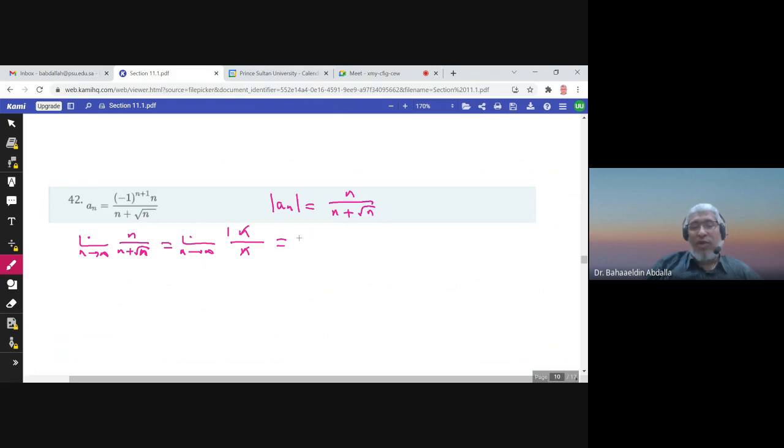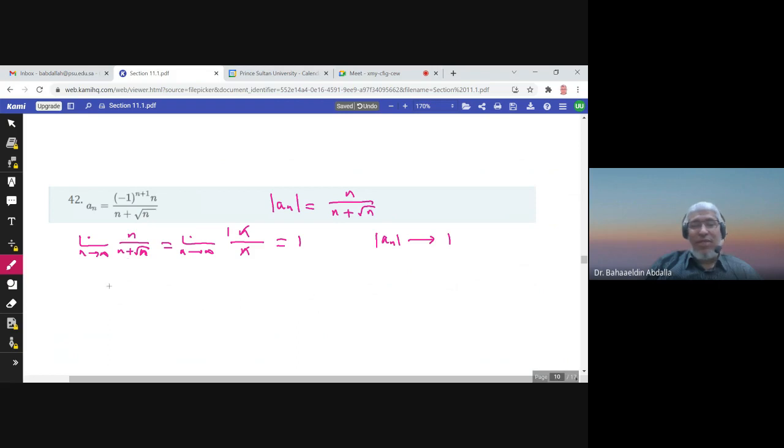The limit of 1 is 1. So the absolute value of a_n goes to 1. It doesn't go to 0. So what happens to a_n? a_n is (-1)^(n+1) times this one, times 1. So at the end, a_n would be positive or negative 1.